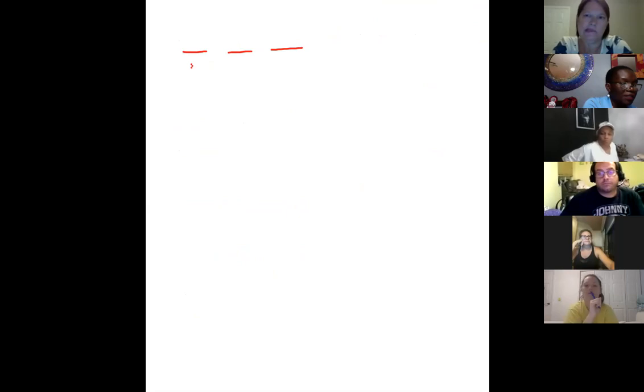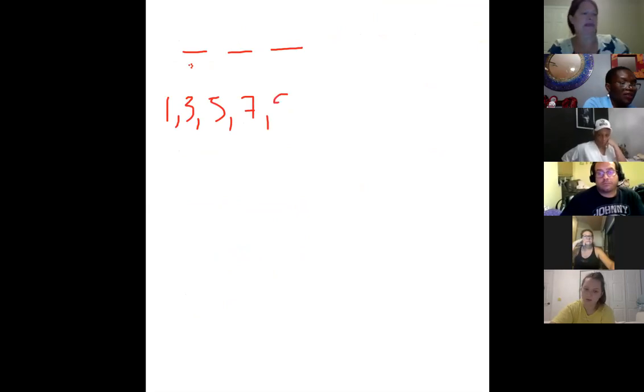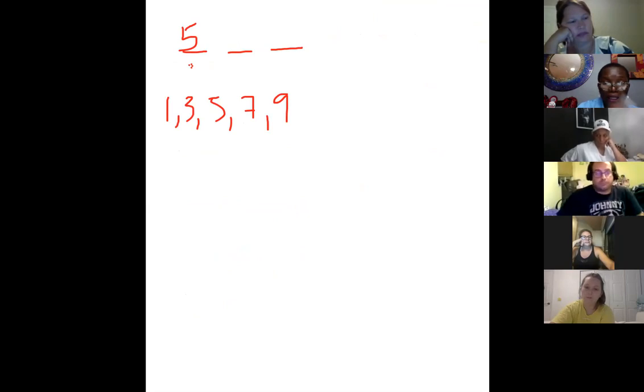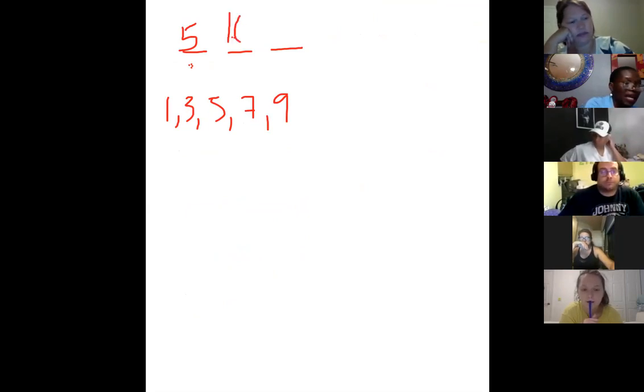This one cannot be 0, so I'm left with 1, 3, 5, 7, 9. I've got 5 options here. I want to create an odd number. Are you guys with me? Yes. So in order for me to create an odd number, I can choose any digit right here, any digit from 0 all the way up to 9.